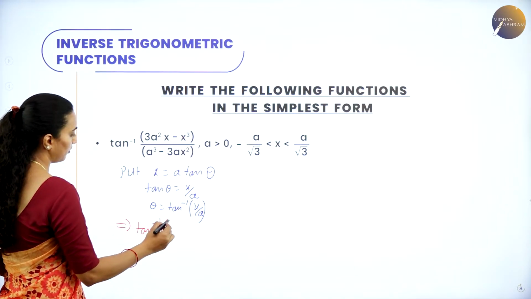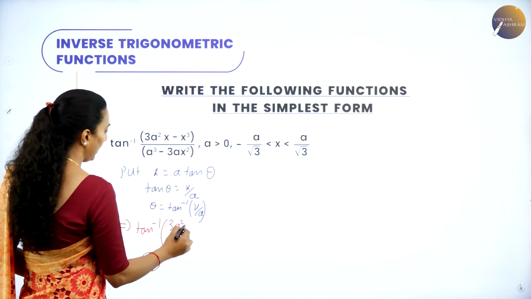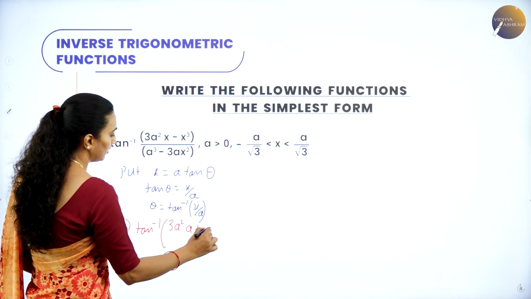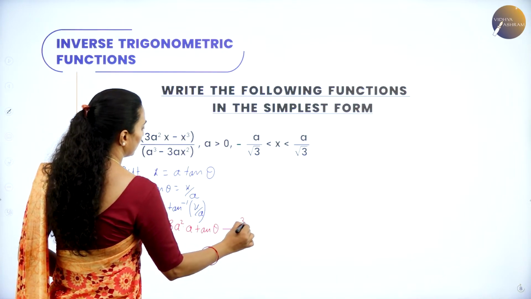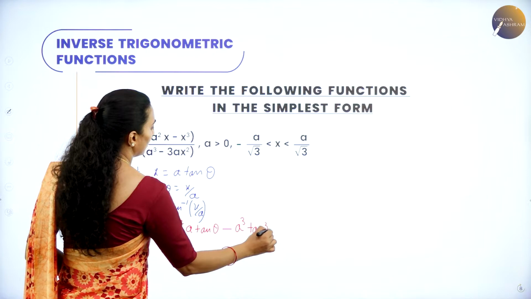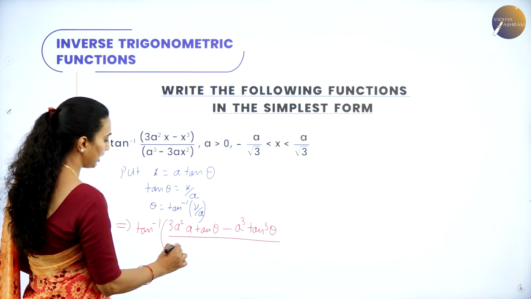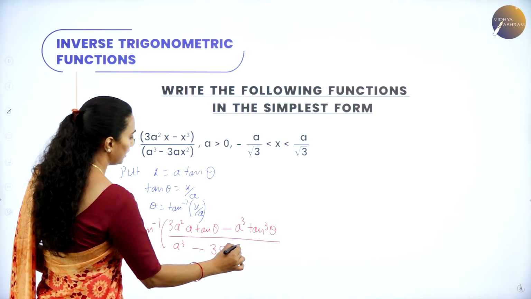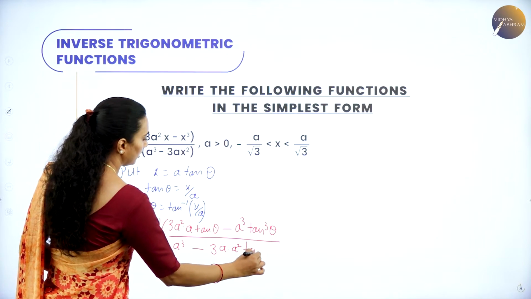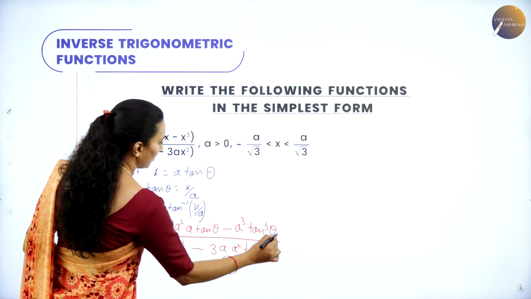Tan inverse of 3a squared into a tan theta minus a tan theta cube, means tan cube theta, divided by a cube, that is as it is, minus 3a into a squared tan squared theta. Correct? Tan squared theta.